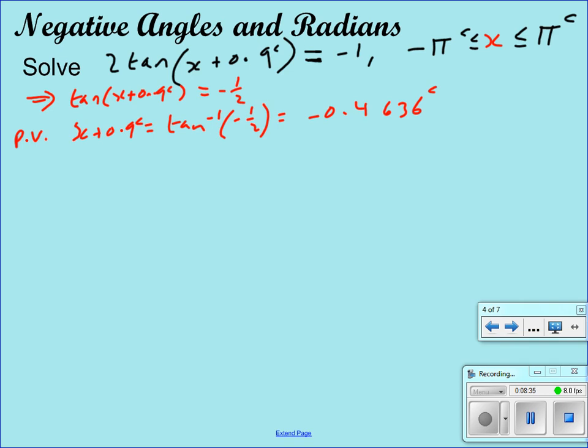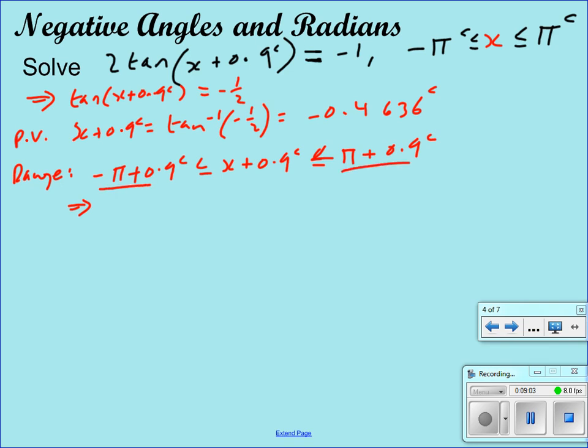Okay, so my range, I don't have theta, I don't have x anymore, sorry, I have x plus 0.9 radians, so I have minus pi plus 0.9 radians, x plus 0.9 radians, pi plus 0.9 radians. Now what's a good tip for you is if I've got stuff in decimals, I think it's a good idea to write out this stuff in decimals as well, so you can really clearly see your range.